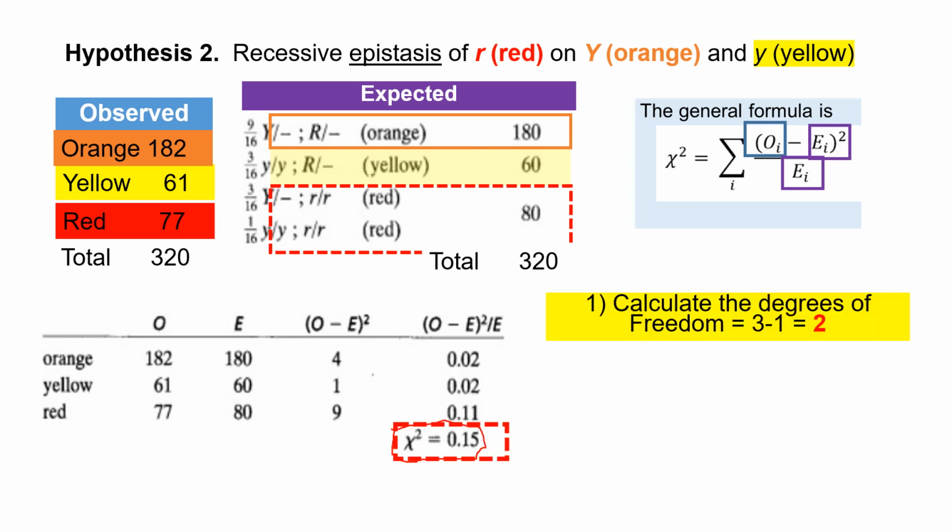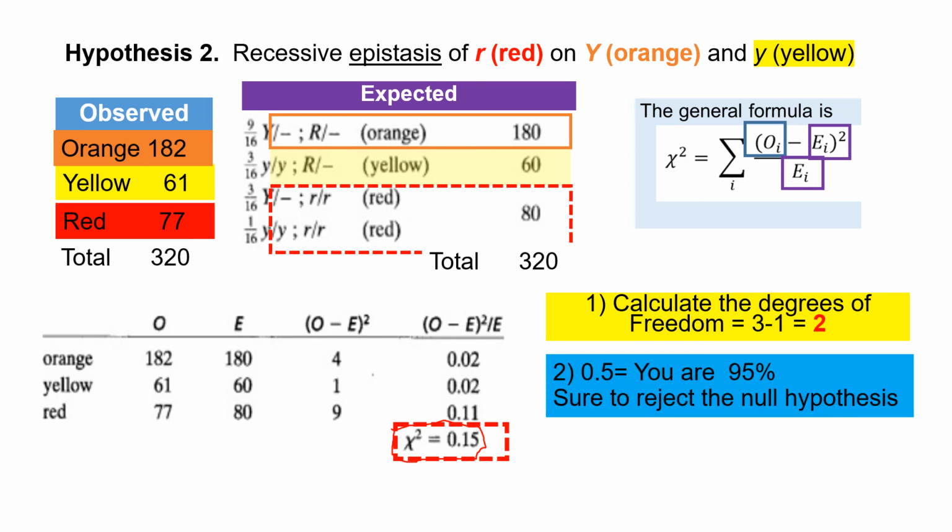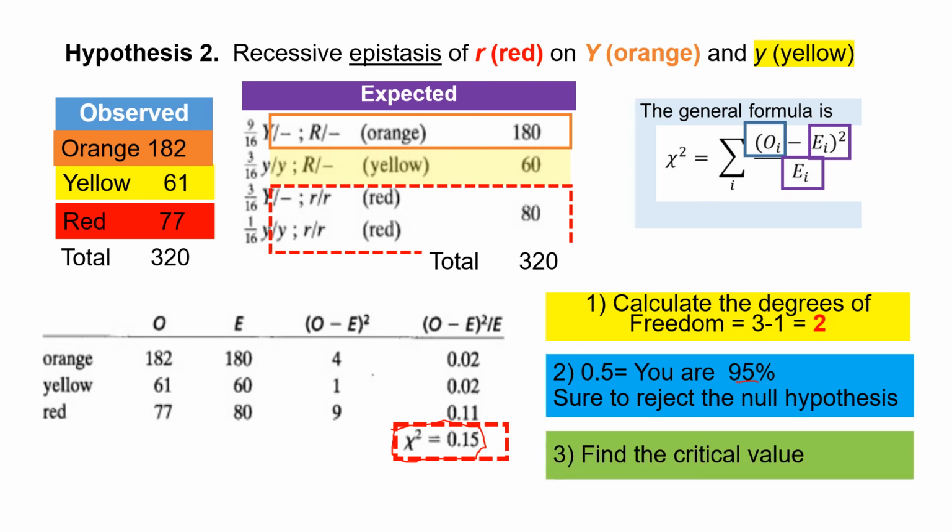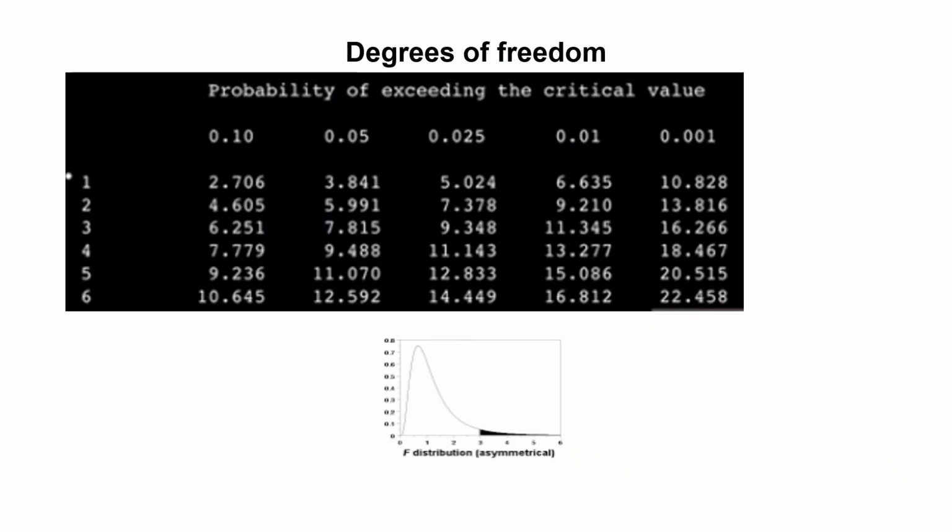Now we calculate the degrees of freedom. Again, we have three groups, so it will be 2. We want to be 90% sure to reject the null hypothesis, so you're going to take 0.05, and we are going to find the critical value. So 2, 5, and you get 5.91, 5.9, as we got last time.